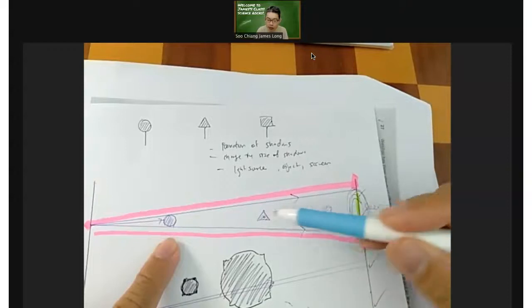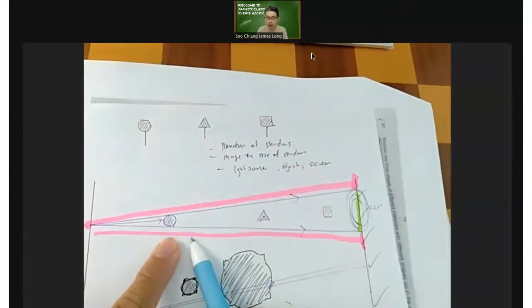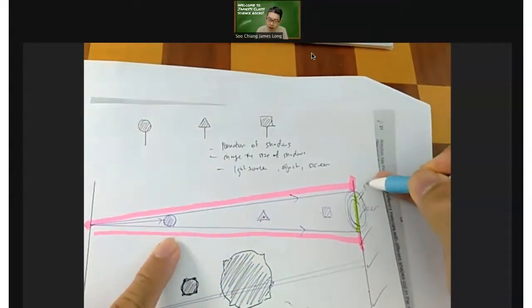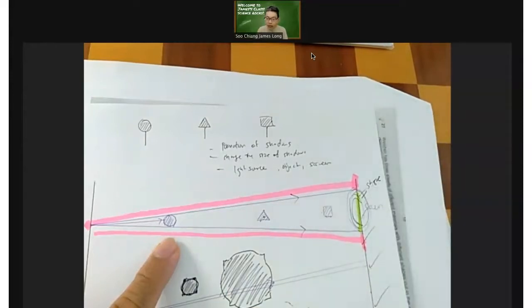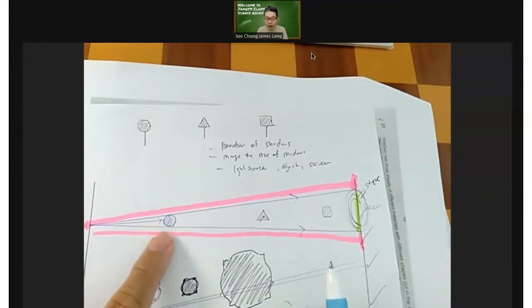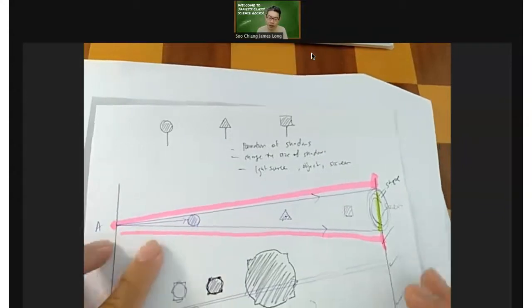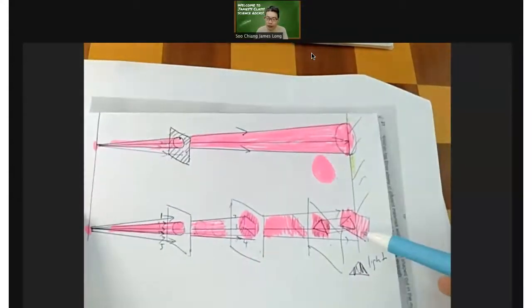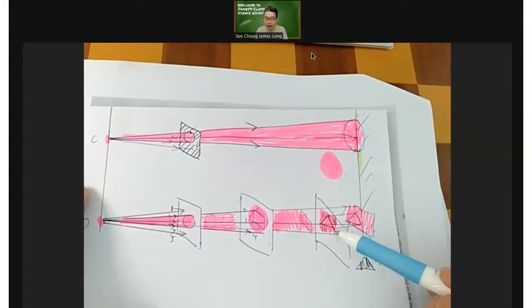All those inside here will just be in the shadow. So whatever shape I want, I put the object in front as near the light source as possible. If I want the shape here to be the light, I put it at the end. Right, the color at the end.